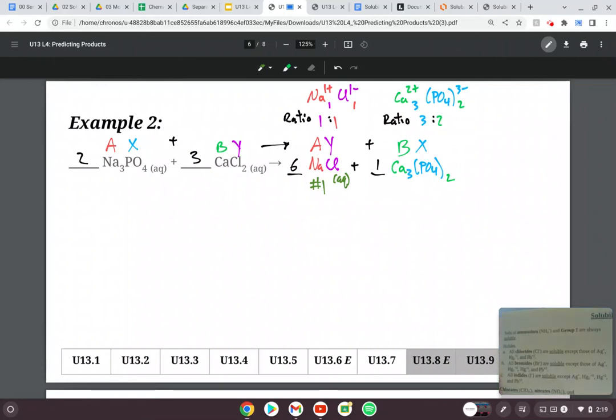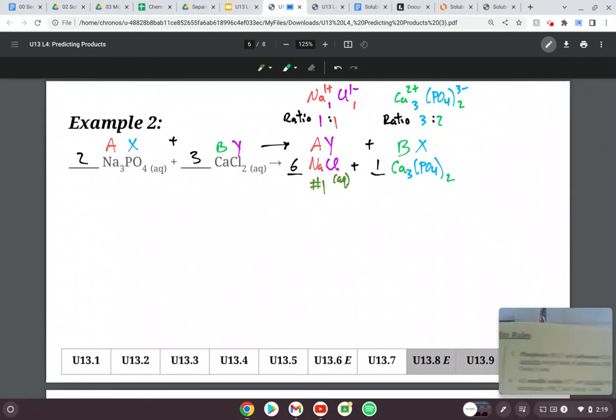So then I'm going to focus on rule number 2, which talks about chlorides, bromides, or iodides, and none of those are present in the second compound. Then it talks about chlorates, ClO3, nitrates, NO3, and acetates, C2H3O2. Those are also not present. Then it talks about sulfates, SO4, and I do not see an SO4 here.